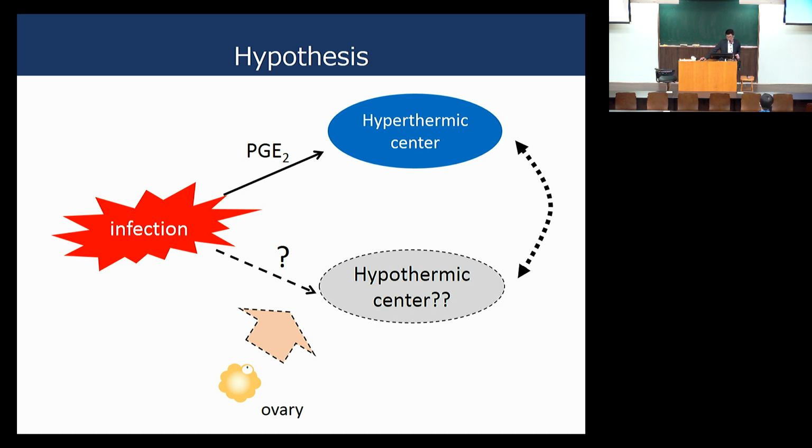It means they should have some hypothermic center. This drive is then affected by something from the ovary. This is our hypothesis.